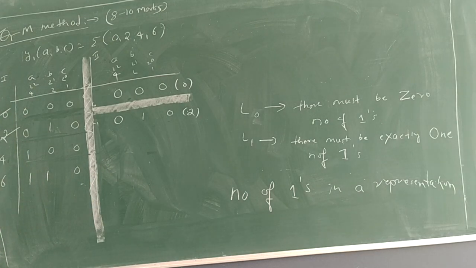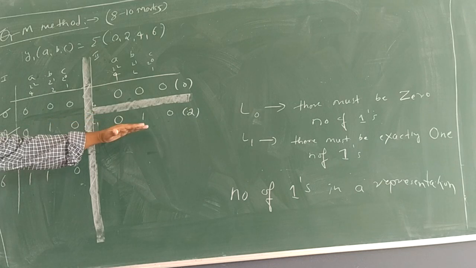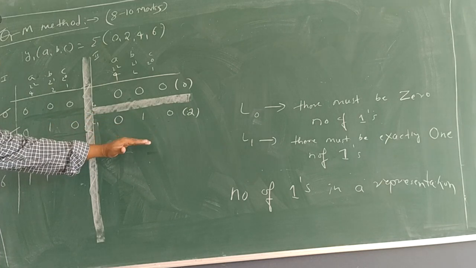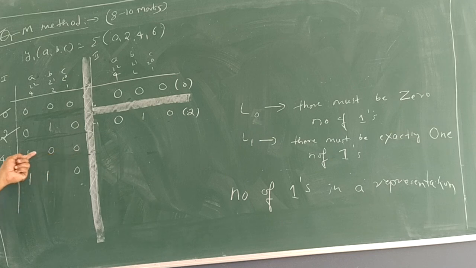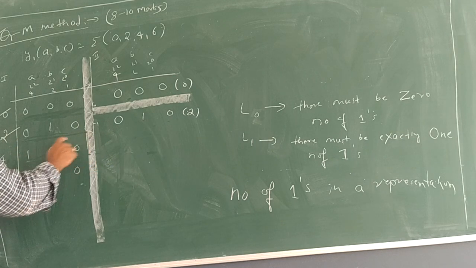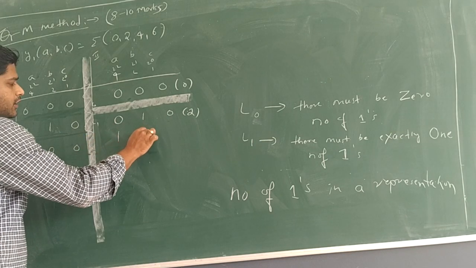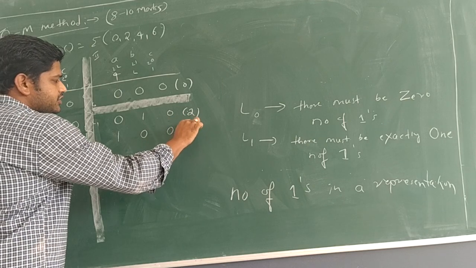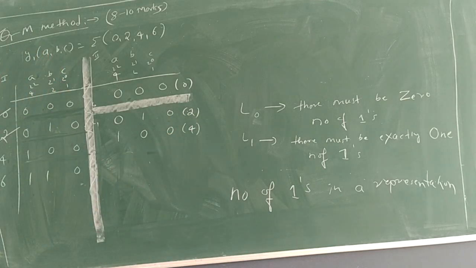So we did 2. We are left with 2 more numbers, 4 and 6. Between 4 and 6, which belongs to L1? Here one number of 1 is there. Hence, what is the representation? 100, and its equivalent number is 4.